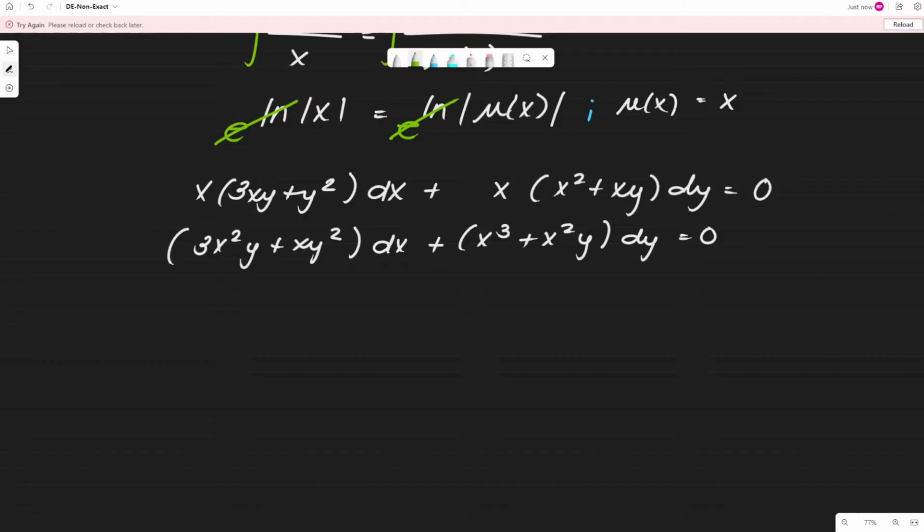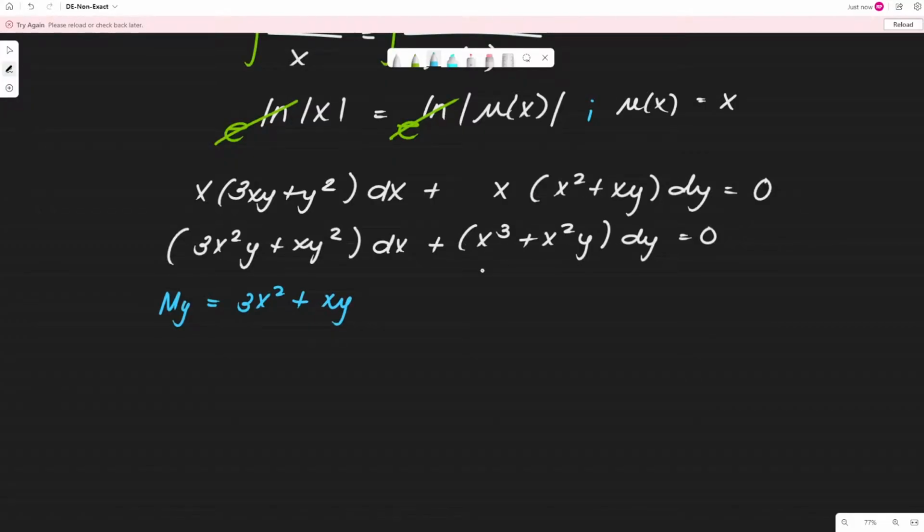So let's get the partial derivative, no? Para ma-check natin kung exact na ba, tama ba yung nakuha natin na integrating factor. So we'll have M sub y, not m of y, m sub y. So the partial derivative of 3x squared y plus xy squared in respect to y, no, is just simply 3x squared plus xy. Diba?